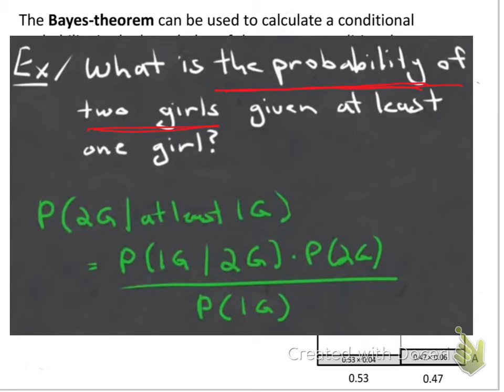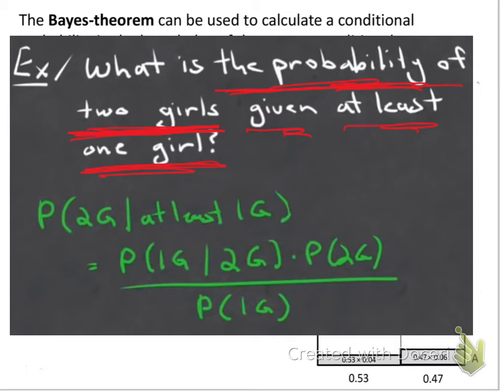One of them is given to be a girl. So what is the probability of both of them being girls, given that at least one of them is a girl? We are sure that at least one of them is a girl, but maybe both of them will be girls. So what is the probability of having two girls, given that we know at least one of them is a girl?